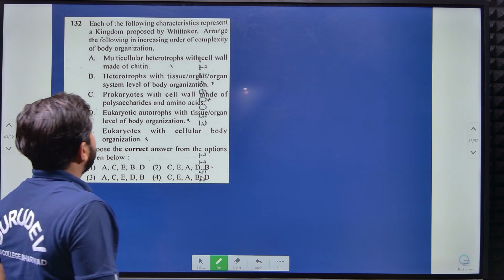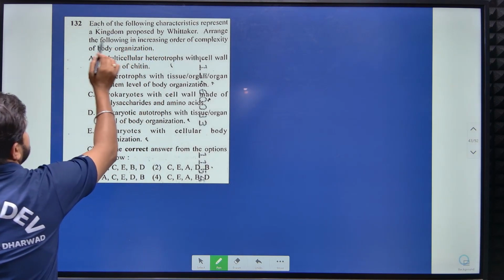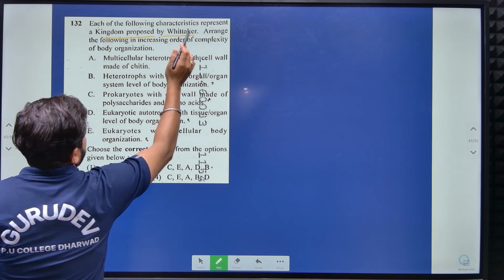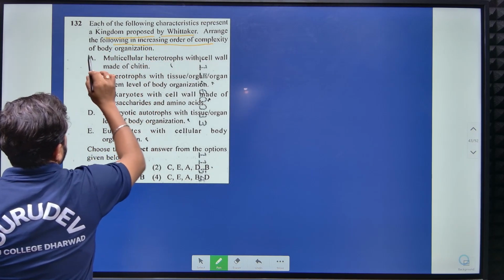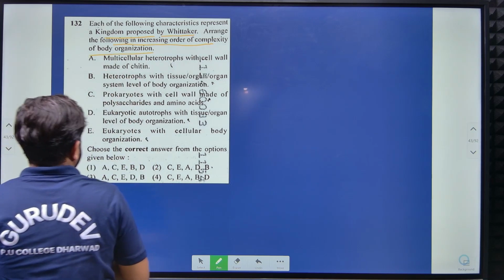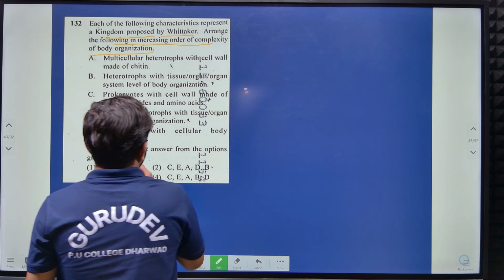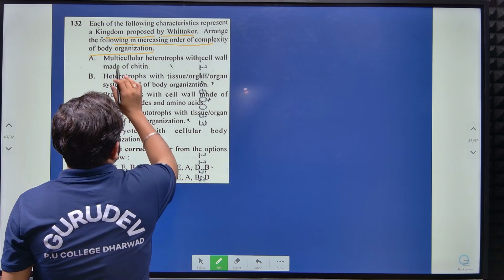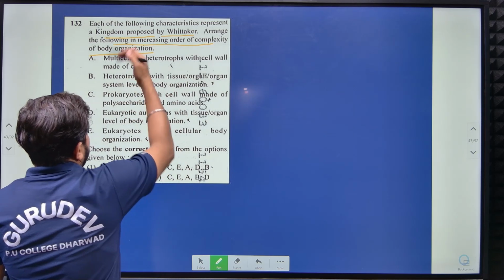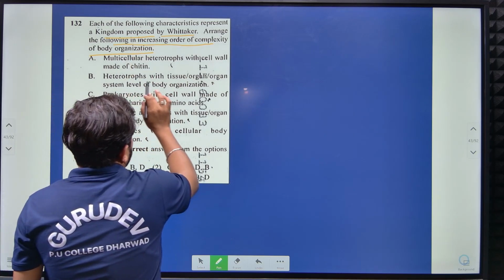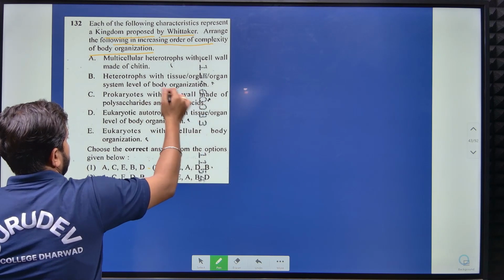Then they have mentioned that each of the following characteristics represents a kingdom proposed by Whittaker. Arrange them in increasing order of complexity of organism. So we have to carry out the arrangement. Multicellular heterotrophs with a cell wall made up of chitin; heterotrophs with tissue, organ or organ system level of body organization.